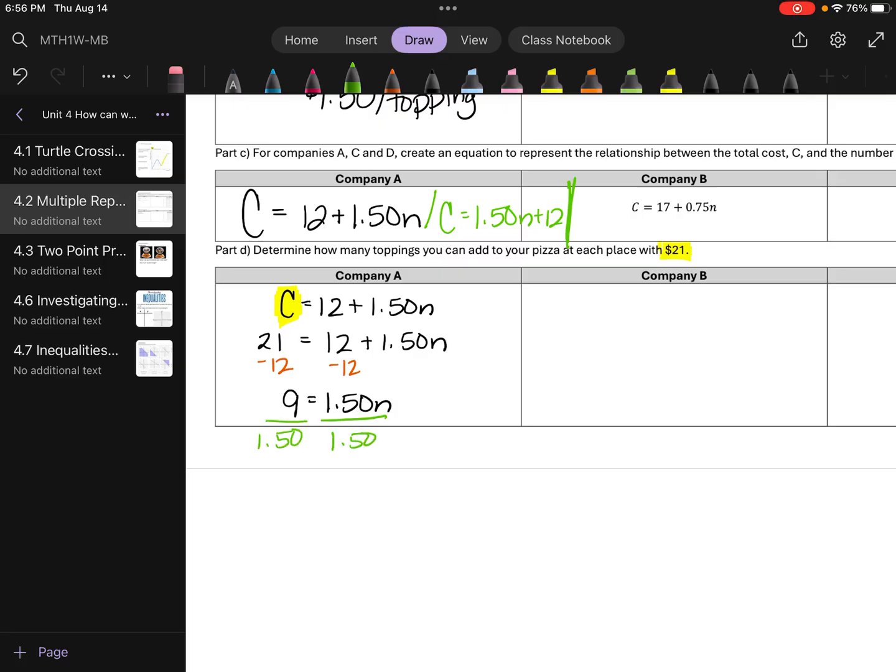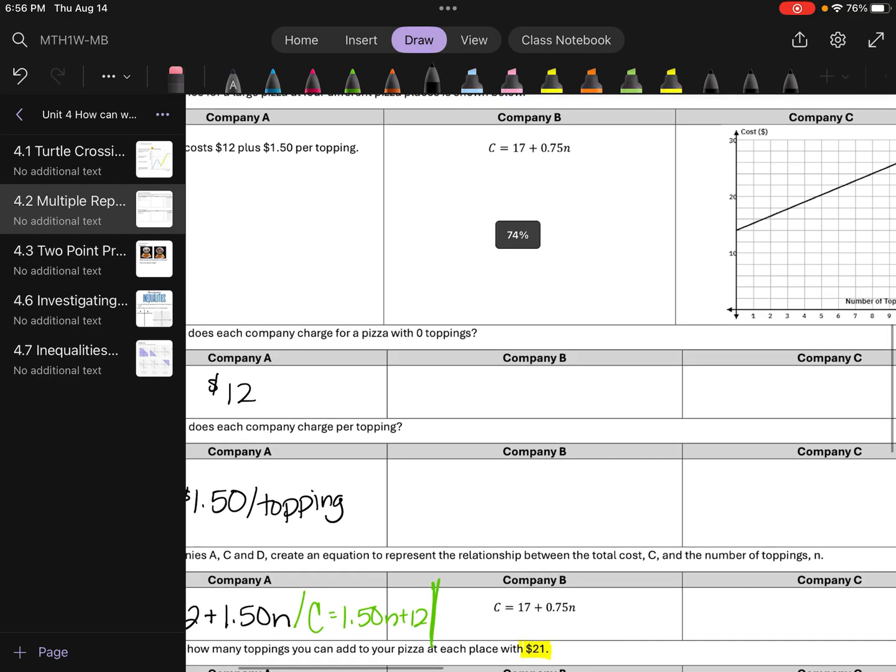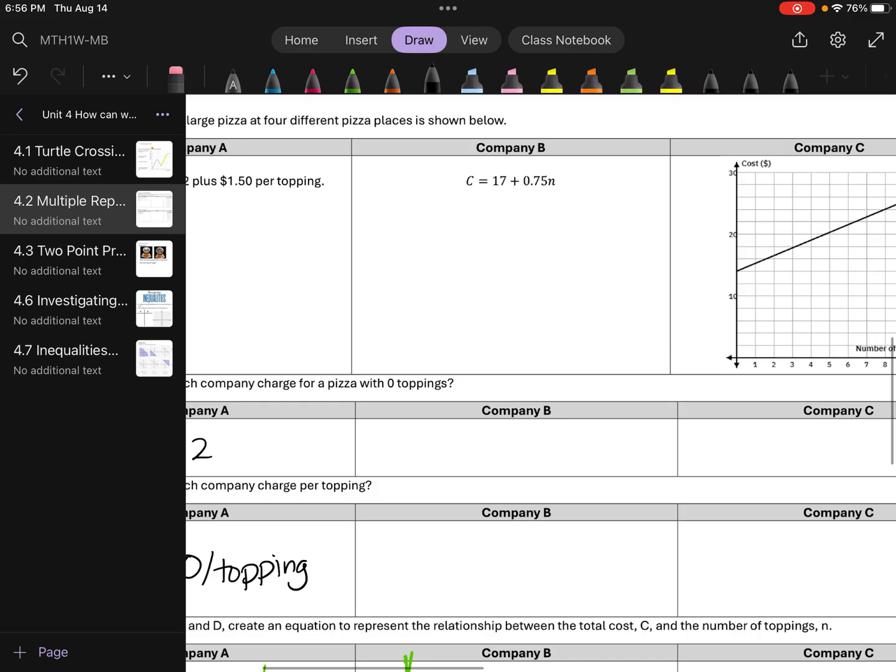When I have 9, I divide it by 1.5. That gives me that I can have 6 toppings on my pizza. Okay, let's try the next column. In this case, it gives us C is equal to 17 plus 0.75 N. Go through the process and find all those boxes if you have not already done so.